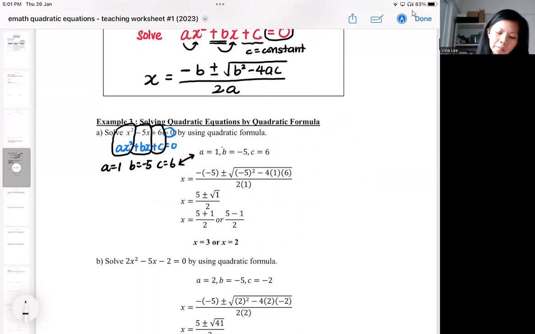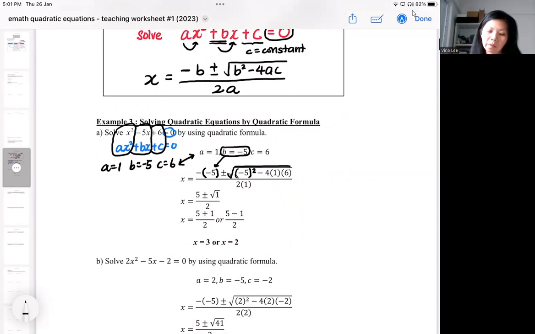One of the common mistakes is that because the formula is negative B, you will encounter a negative. When B is negative, you will have a double negative. And when you put it inside the square root, some of you might forget to bracket the negative for the squaring.